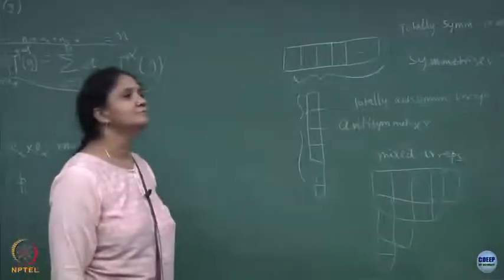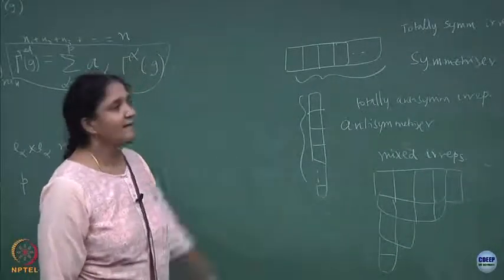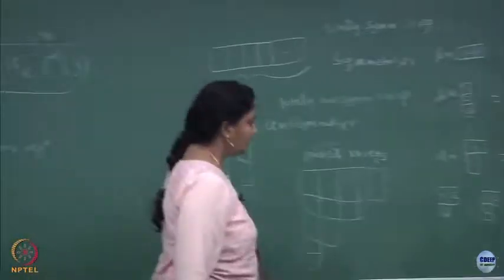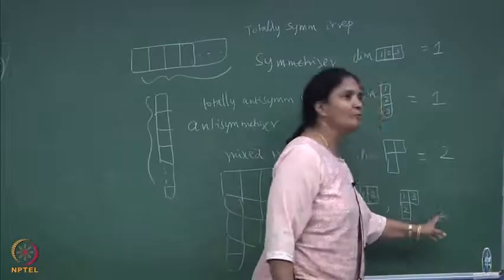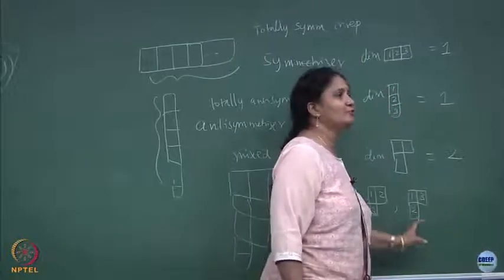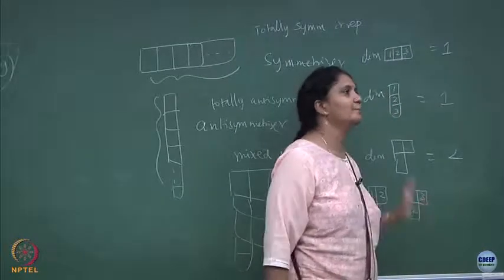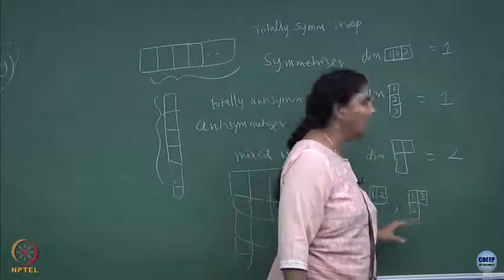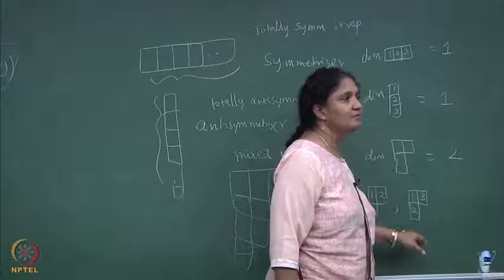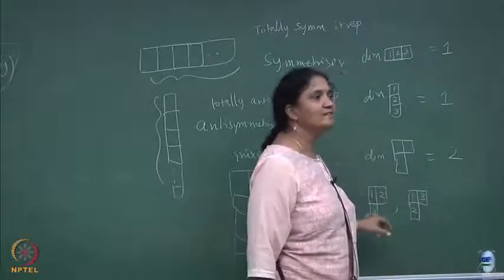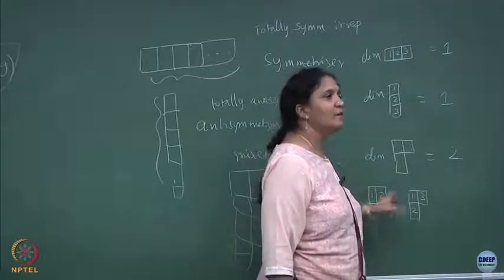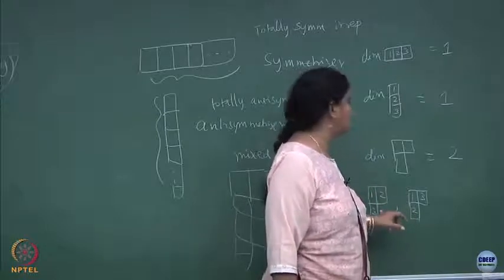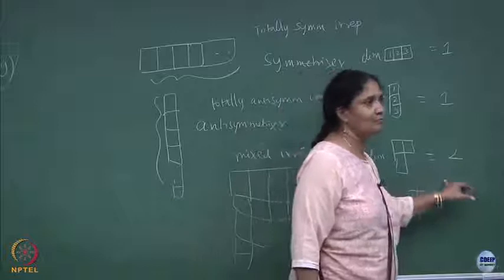Okay. Is there any more possibilities you can ask? But I am trying to tell you that if you try to do that, you can show it to be a linear combination of these two. It is not independent. Okay. So, these two are the 2 independent possibilities of putting the 3 objects in a mixed diagram. Okay. So, that is why it is 2.